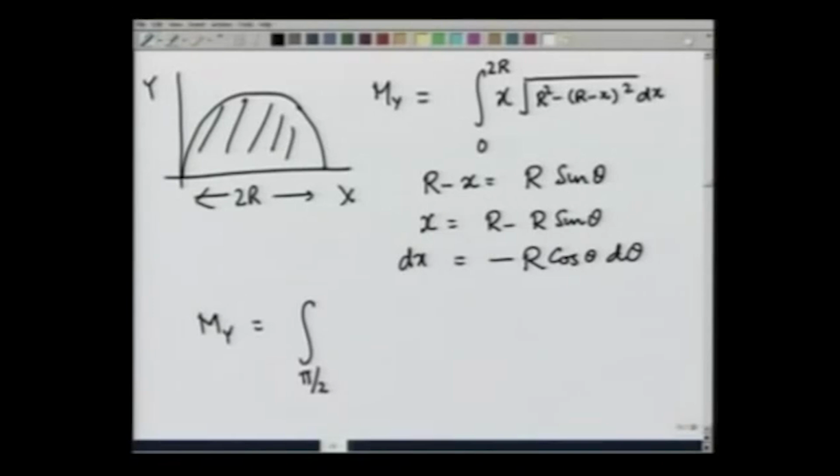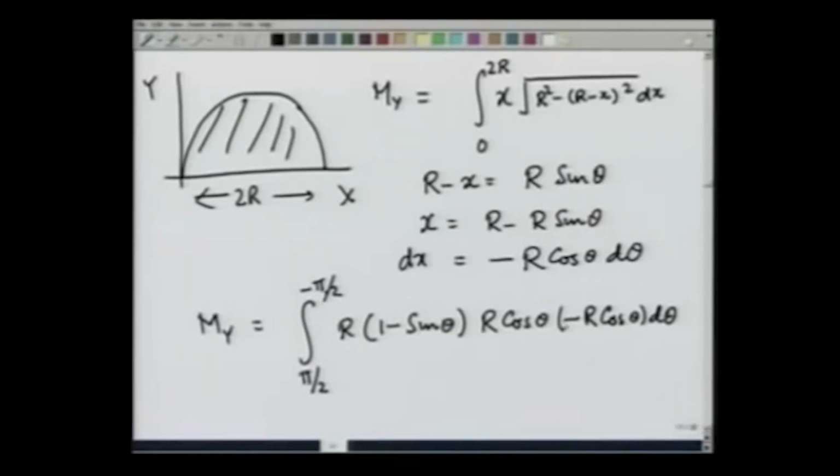When x equals 2r, sin theta is going to be minus 1, and therefore theta is minus pi by 2. x is r times (1 minus sin theta), times the square root of r squared minus (r minus x) squared, which is r cosine of theta, and then for dx I have minus r cosine of theta d theta.